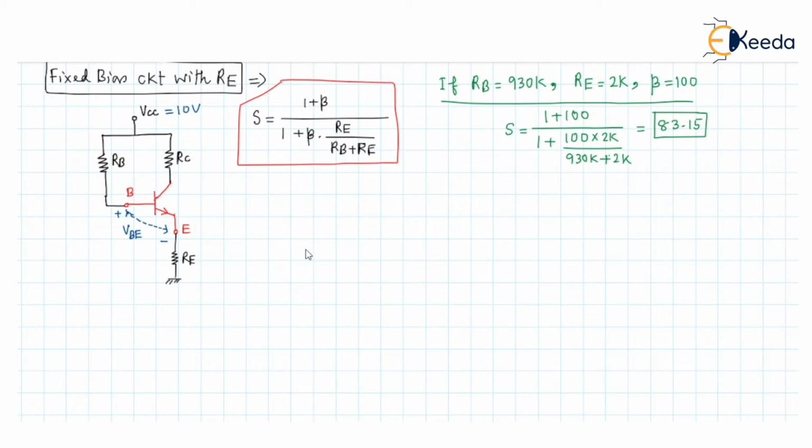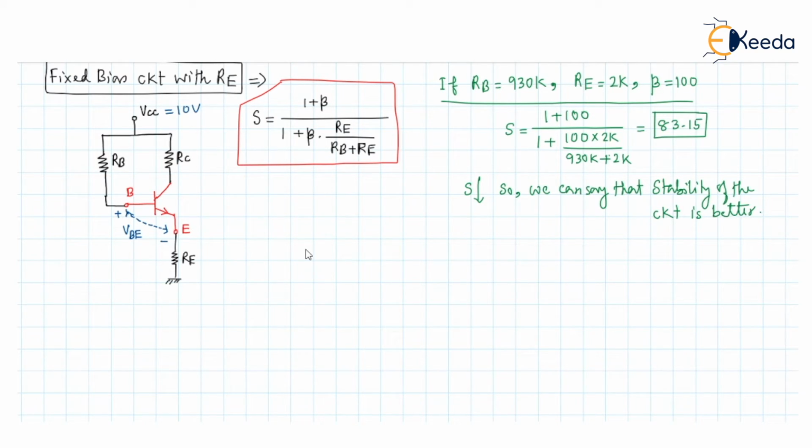So the stability, since the S value has been decreased, we can say that the stability of the circuit is better right now, because we want a low value of the stability factor.